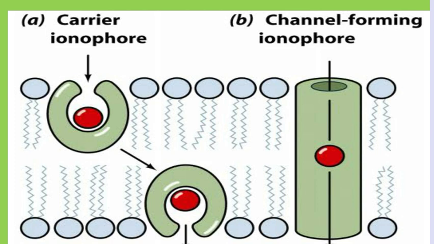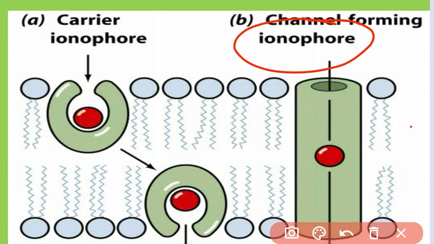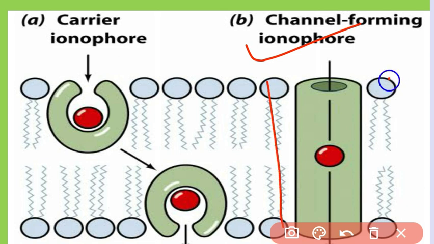Two types of ionophores are there. One is a channel former and another one is a carrier. The channel formers are usually large proteins. They incorporate themselves into the cell membrane, creating a polar tube across the cell membrane and enabling ions to pass through it.